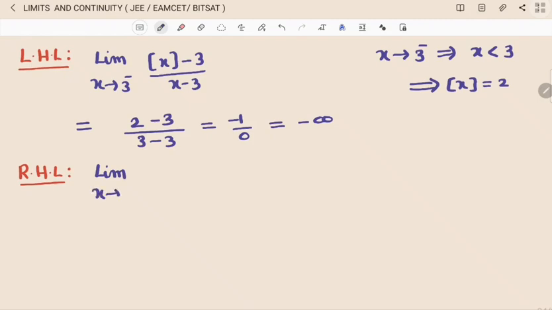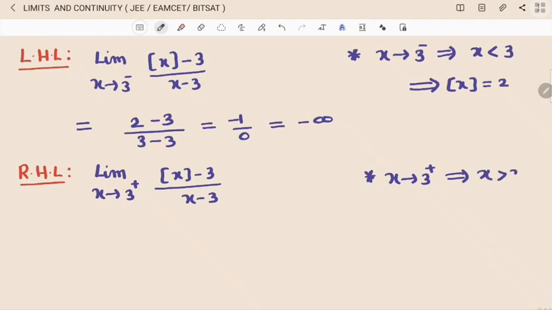Limit x tends to 3 plus step x minus 3 divided by x minus 3. See here, these are the turning steps. X tends to 3 plus, that means x is greater than 3. X is greater than 3 means the value of x is greater than 3 and less than 4.